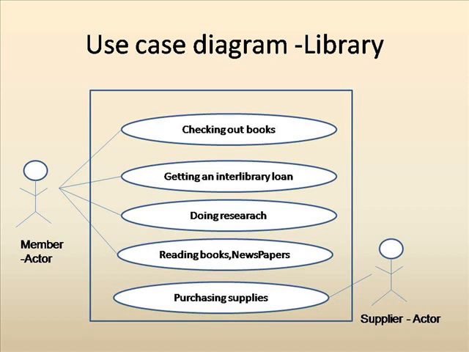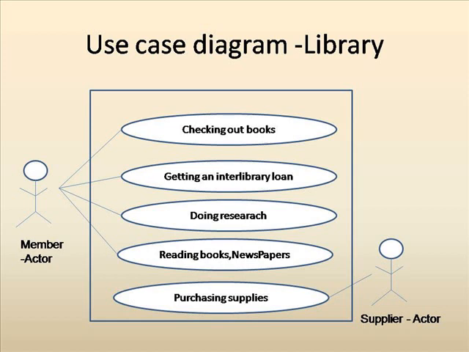This is an example of a use case diagram. Use case diagram for the library. Here we have the member as an actor and the supplier as an actor, and the sequence of events are in the oval shape.